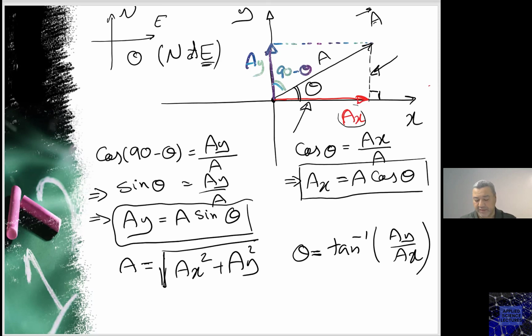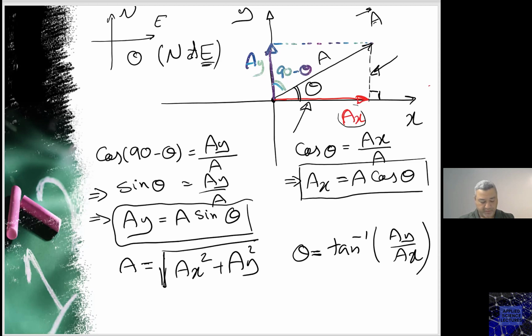You don't need to memorize, but you need to understand, because this is one of the issues students get confused about if they don't understand it well, and they keep mixing up sine and cosine. This is one of the common mistakes. So be careful when operating on those equations, and be careful when to use cosine and when to use sine. If you understand it, then you will never make that mistake.